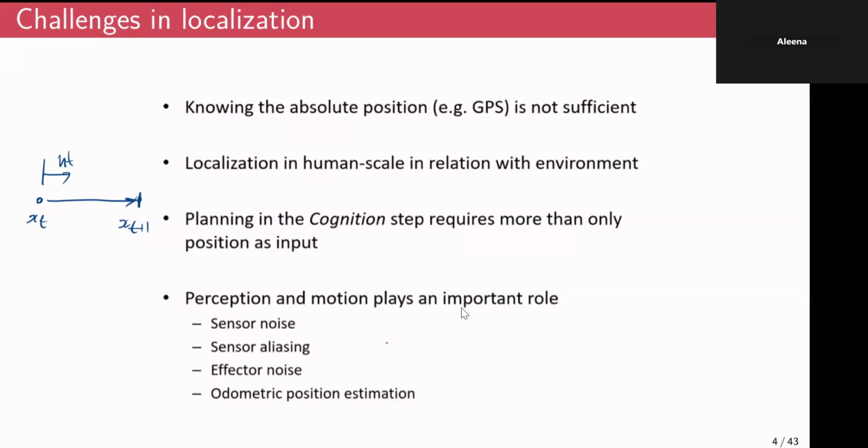Then there is something called sensor aliasing. Usually, to measure one parameter, we would rely on multiple sensors, not just a single sensor, because the measurement from a single sensor is not very reliable. It has a lot of noise, and it also has a lot of uncertainty associated with it.